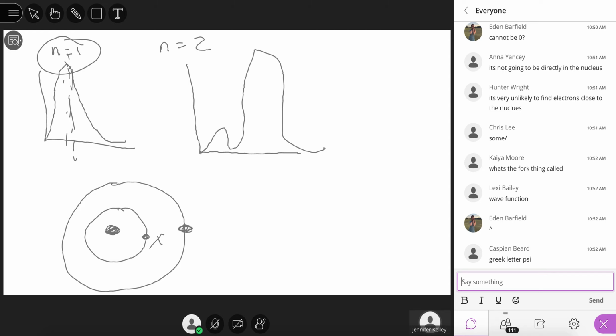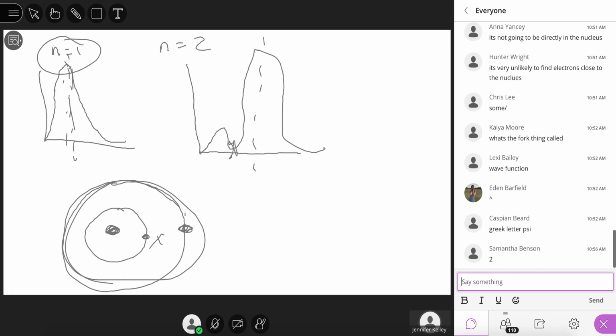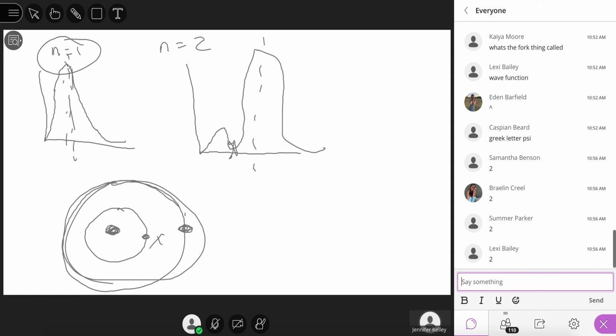So you have a node right here. It's more likely to find it right there, which would be the second shell. So if n equals 3, how many nodes do you think you would have? 2. Perfect.